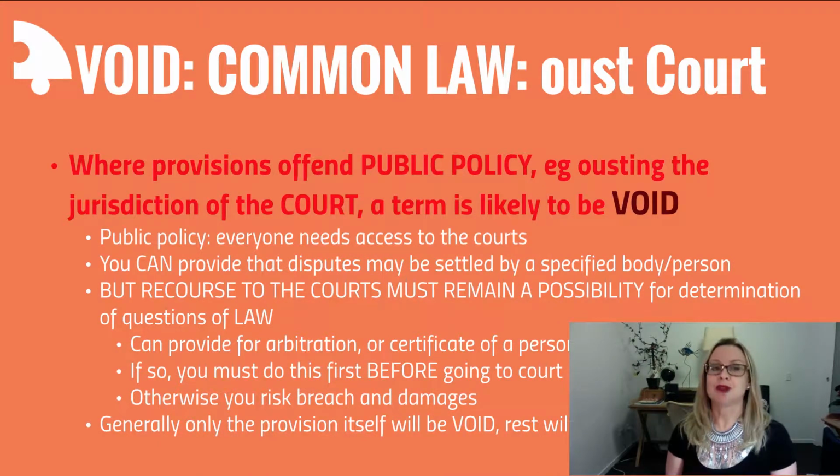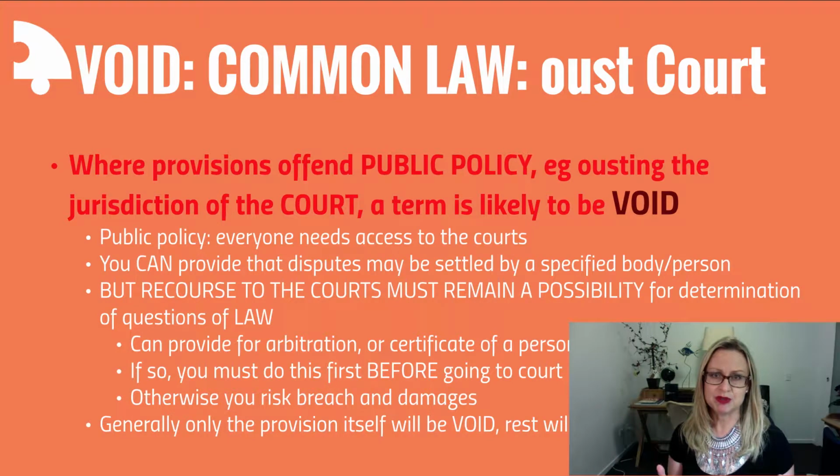Then we look at the first of the heads under common law that would dictate a contractual provision will offend public policy. And this is where a contractual term purports to oust the jurisdiction of the court. The public policy here is everyone needs to be able to go to court.